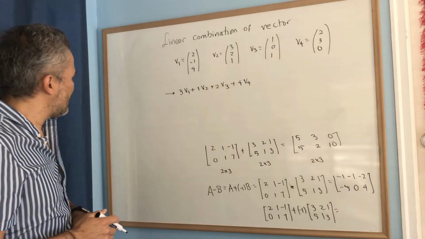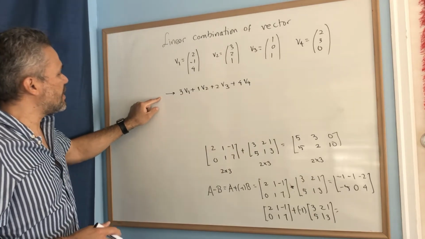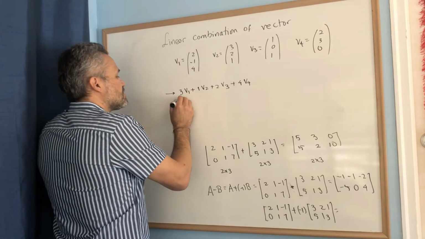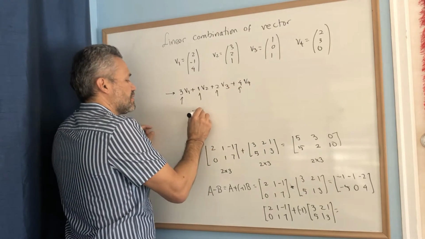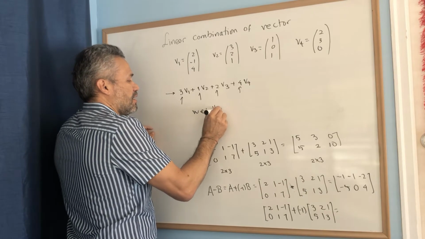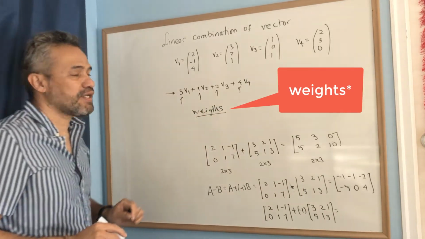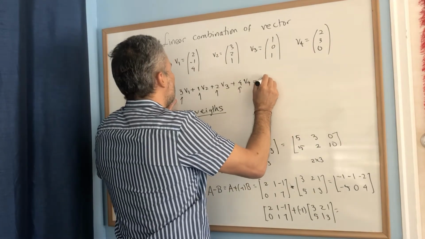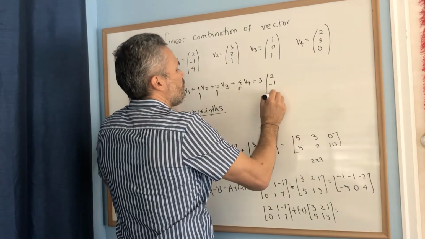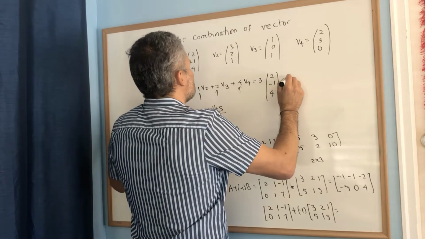Some notation here is that these numbers are going to be called the weights of the linear combination.